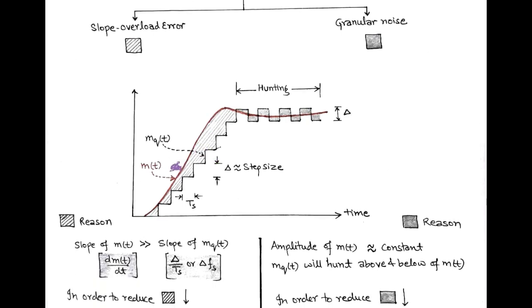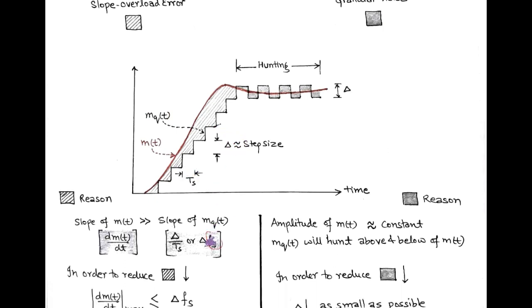When the slope of modulating signal m(t) is far greater than the slope of quantized signal mq(t), then a slope overload error occurs, as shown in the figure. Here the slope of modulating signal is dm(t)/dt and the slope of quantized signal mq(t) is delta/Ts or delta·Fs, because sampling frequency is the inverse of sampling period Ts.